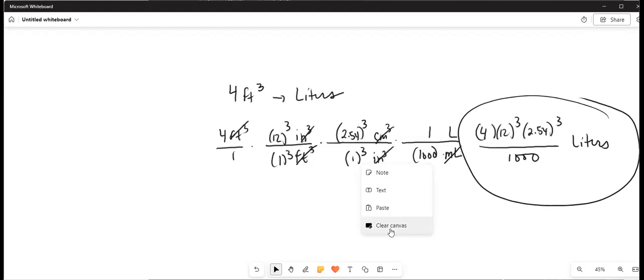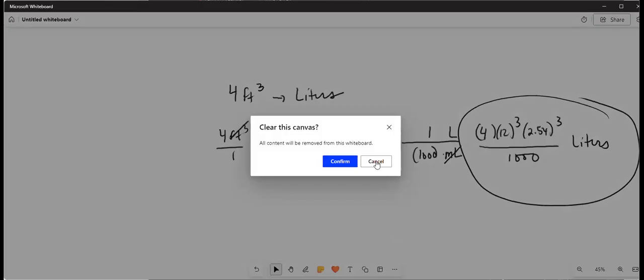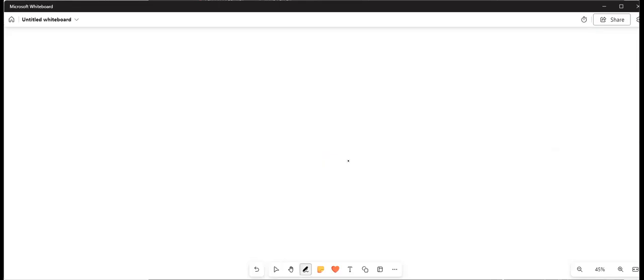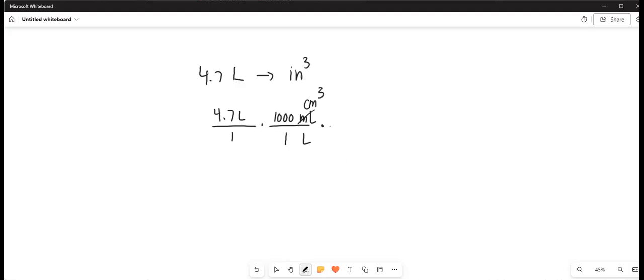And we're going to go ahead and go to example 79.3. So 4.7 liters to cubic inches. So 4.7 L over 1. So we have to go from L to milliliters. So there is 1,000 milliliters to 1 liter. Okay, well, this is the same as cubic centimeters. So we're going to do that.